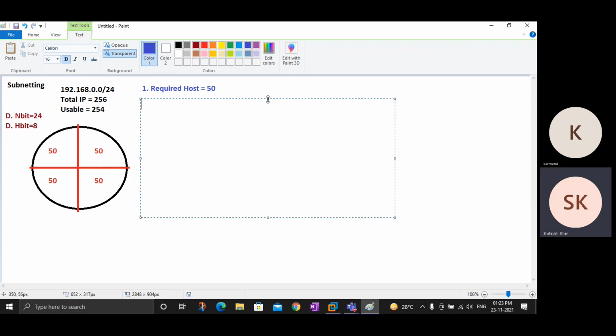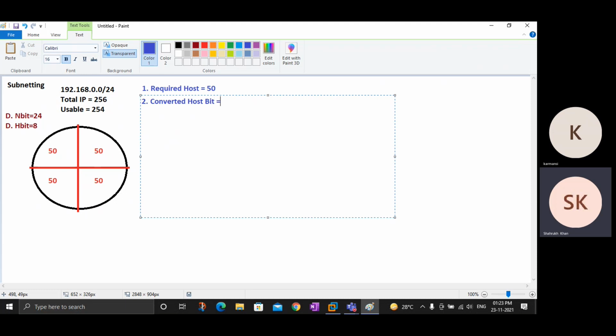Then next, after you know that the required host is 50, the second value that you need to calculate is the host bits, because before there were 8 host bits in your IP address, but when you do the subnetting, the number of network bits and the host bits will change.